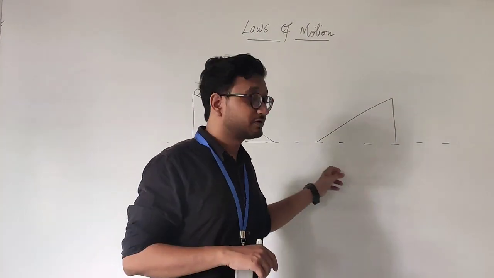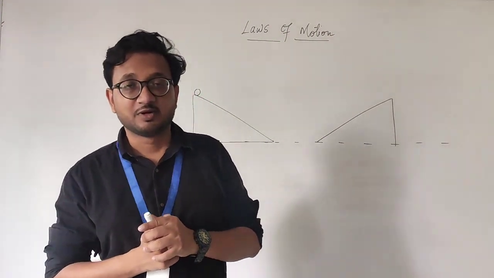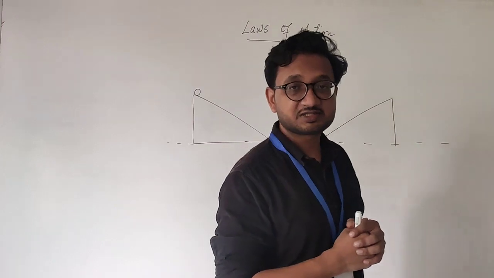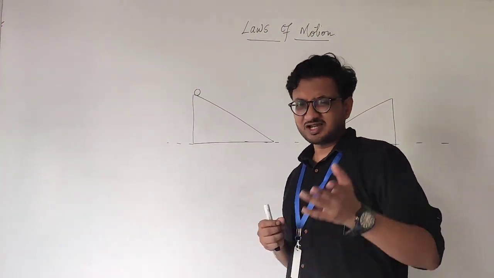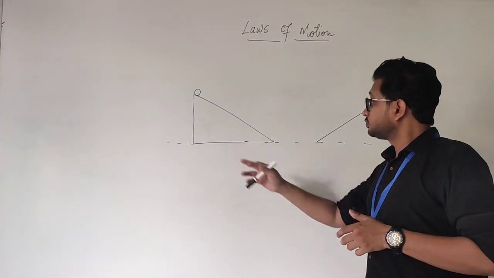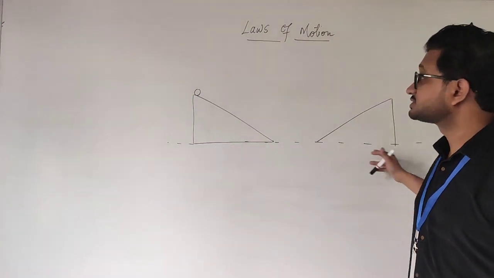We move further to our first law of motion. But in order to understand the first law of motion, you first have to understand a simple experiment given by Galileo. I think everyone has heard about Galileo. We have two planks kept on either side of a very smooth surface.